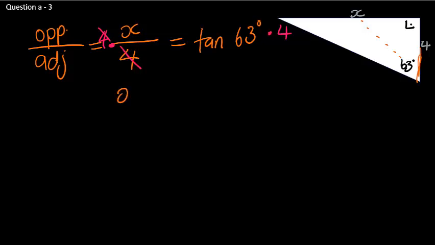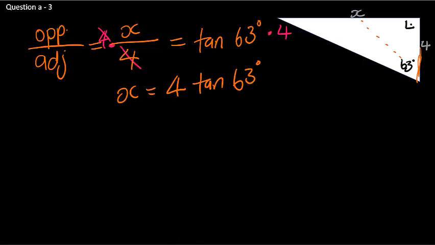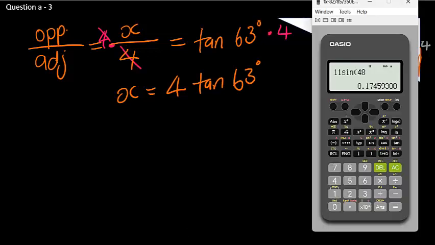So x is equal to 4 tan 63 degrees. Whip out your calculator. 4 tan 63 is giving me 7,850. Now remember, we're doing 2 decimal places. So after the 5, I have a 0. 0 stays the same. X equals 7,85.